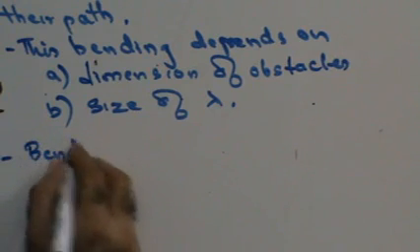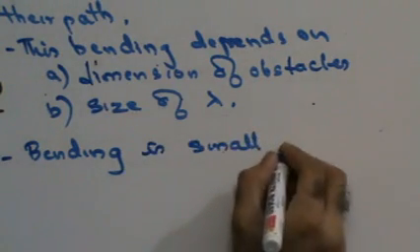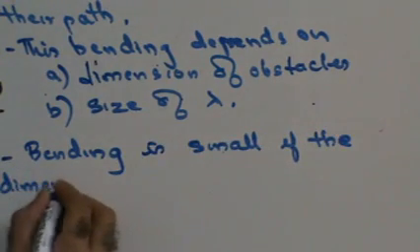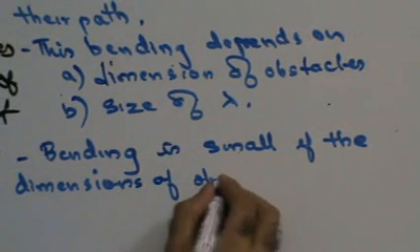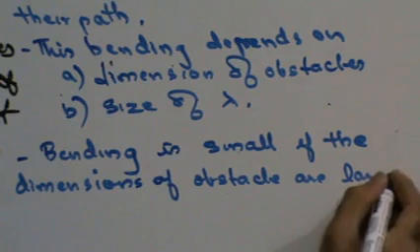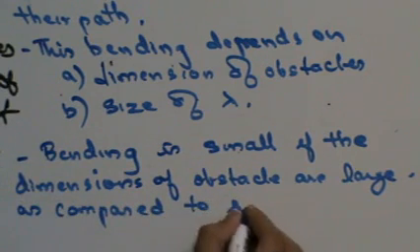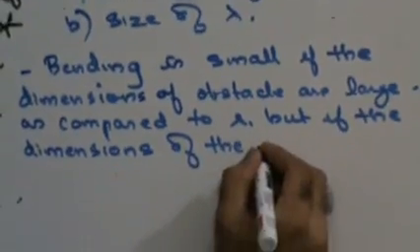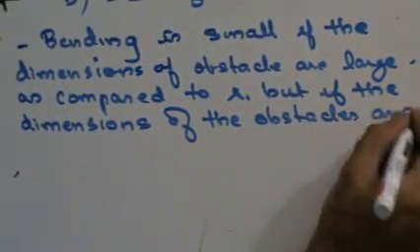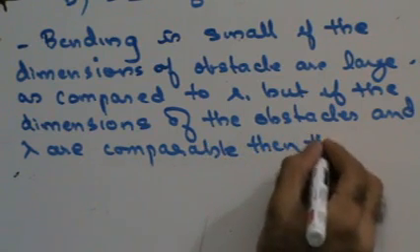I can say that bending is small if the dimensions of the obstacle are large as compared to wavelength, but if the dimensions of the obstacle and wavelength are comparable, then the bending is more pronounced.